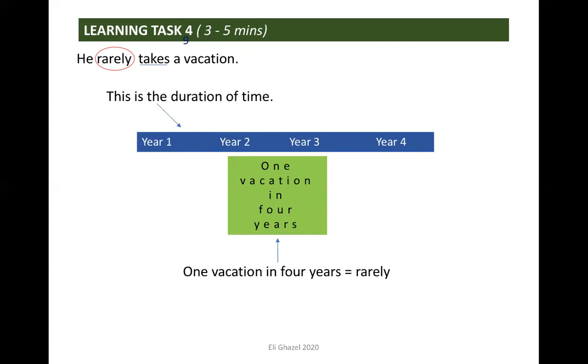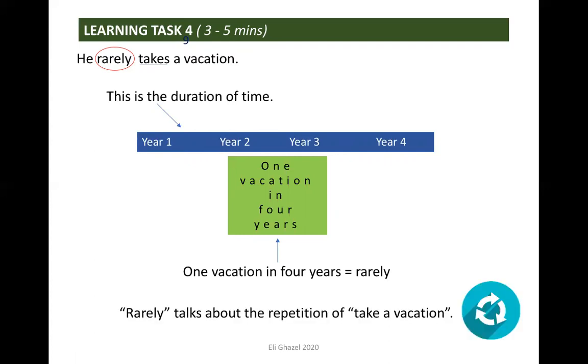We would say rarely takes a vacation. This is not time. Rarely is talking about the repetition of take a vacation. Take a vacation is repeated rarely. Now, one time a year, one time in 4 years, the words are going to be relevant.